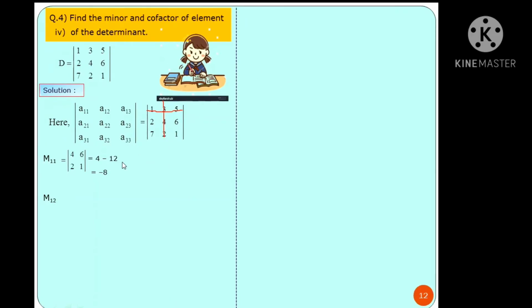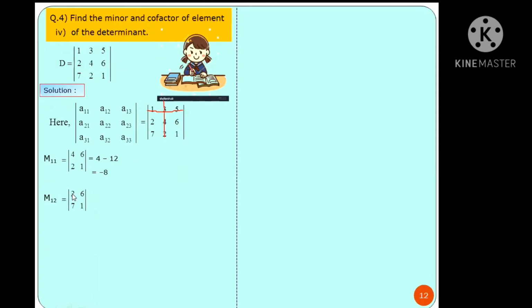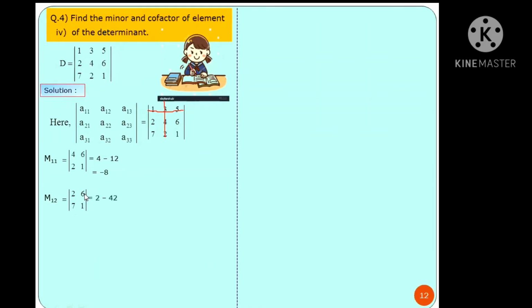Write in determinant, M12 is equal to the determinant with elements 2, 6, 7, 1. Solving this determinant, we get 2 into 1, 2, minus 7 into 6, 42. That is 2 minus 42, and the difference is minus 40.